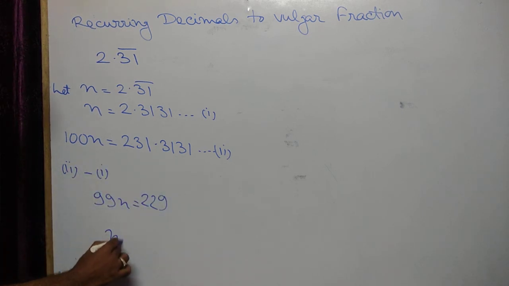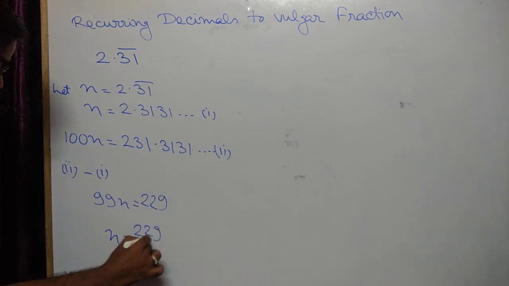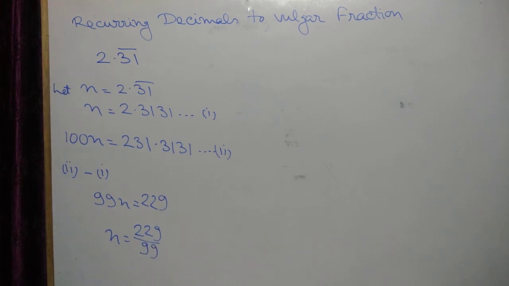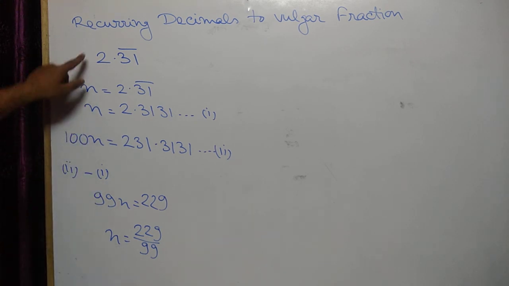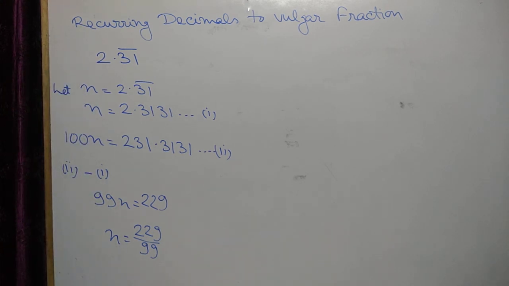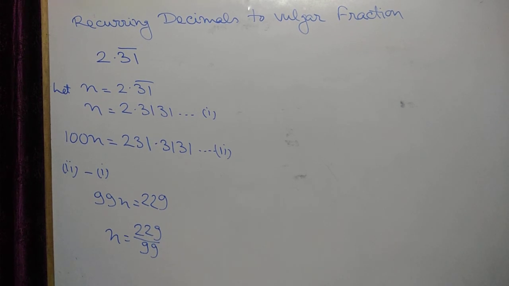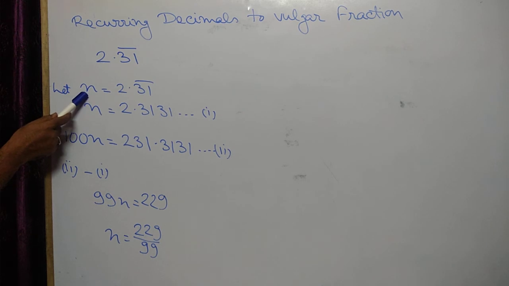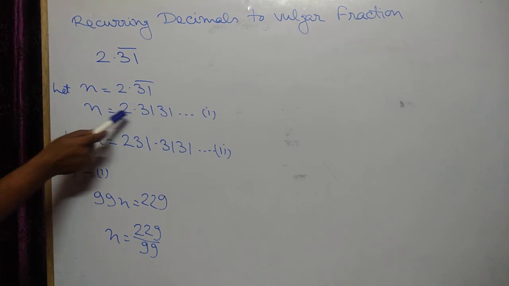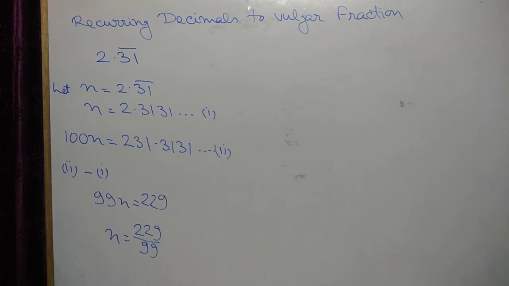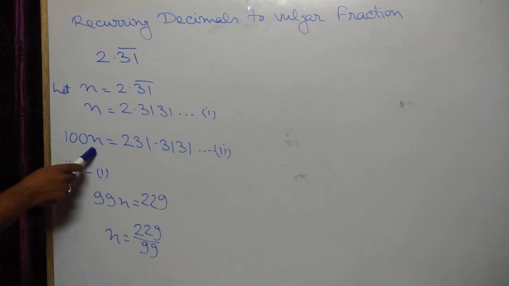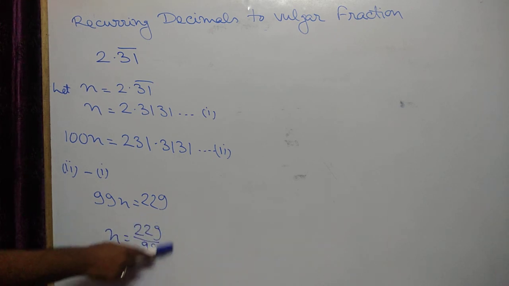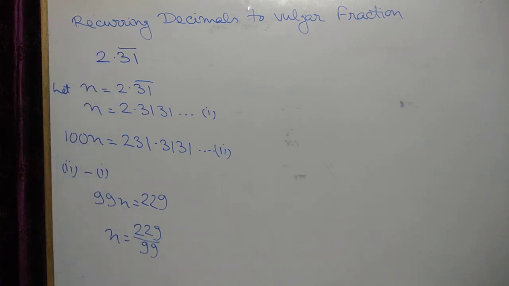Therefore n equals 229 by 99. This is the fraction part of this repeating decimal. So hope you can easily understand. 2.31 bar can be expressed first in n form, then here we have two repeating digits, so we multiply by 100, subtract 2 minus 1, we got this fraction, and this fraction is equal to this repeating decimal.